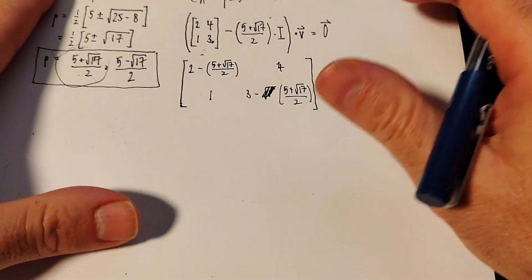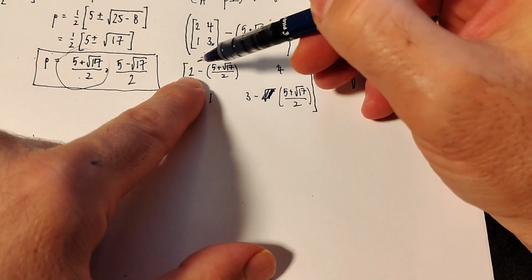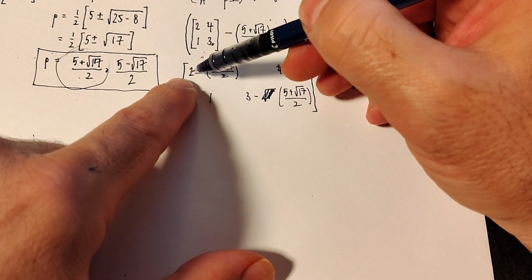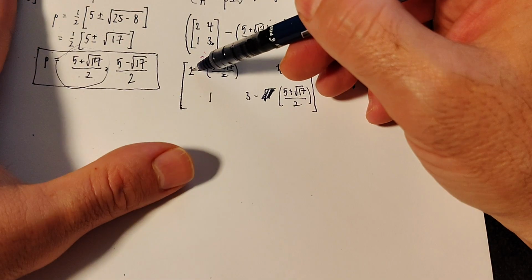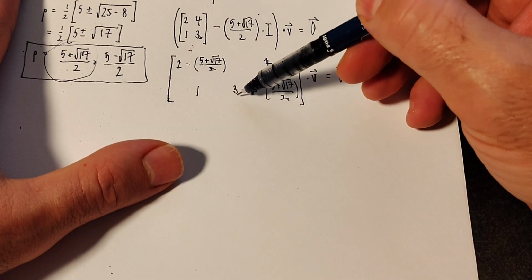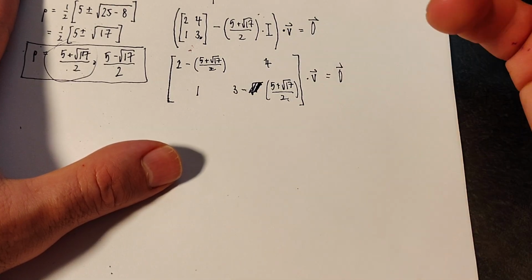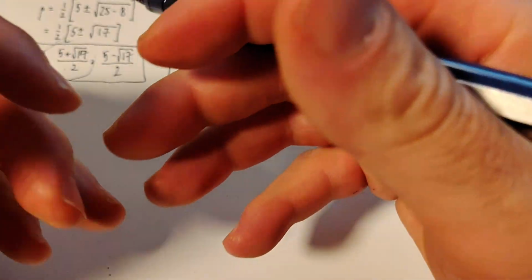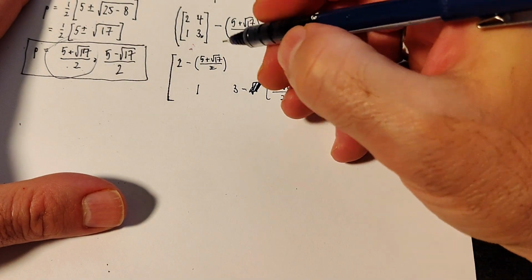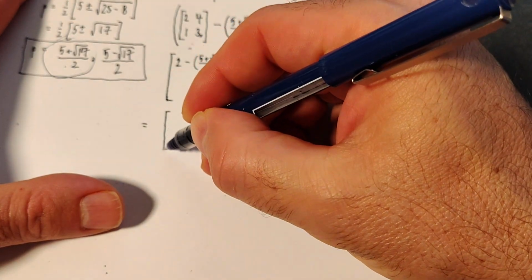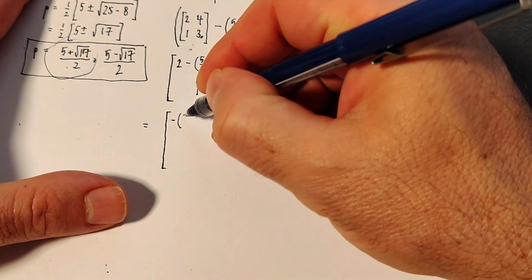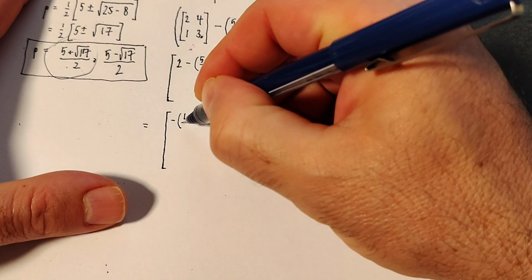So let's go ahead and try to simplify this further. If we try to find a common denominator here, so there's a 2 down here, how do we turn this into something over 2? This is going to be 4 over 2. Same down here, this is going to be over 2. How do we turn this value into something over 2? It's going to be 6 over 2. That's equal to 3, all right? So when we go ahead and do that, what we'll end up with is negative 1 plus root 17 over 2.